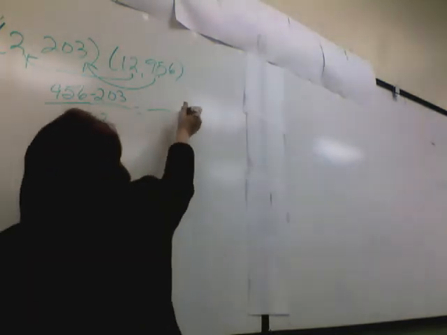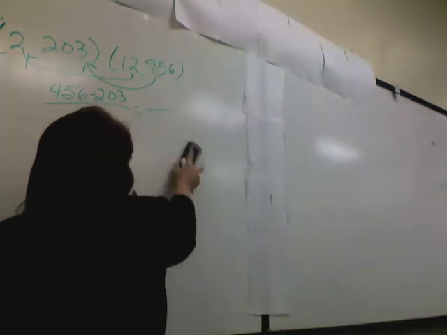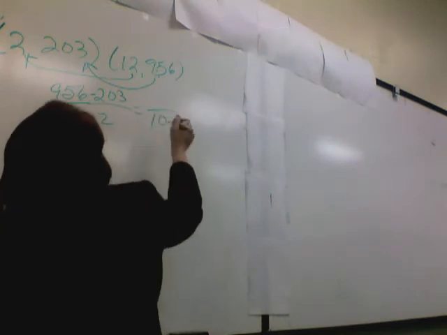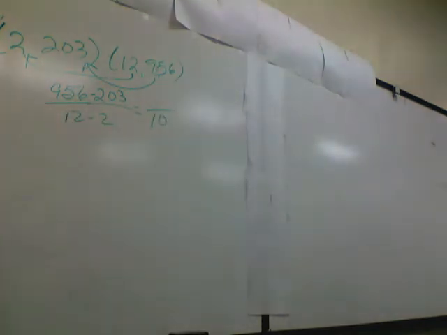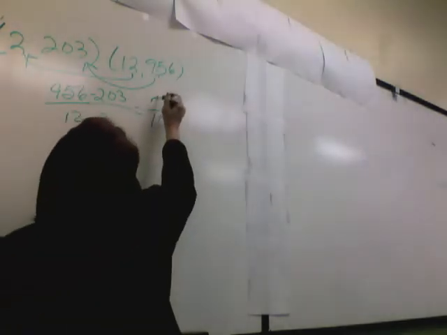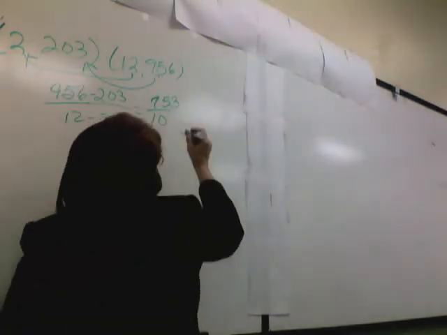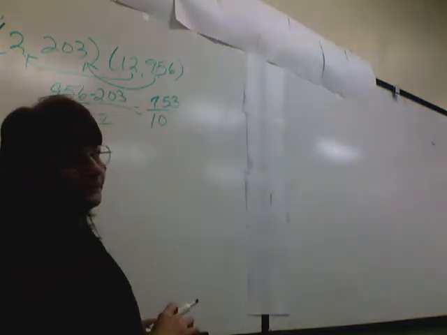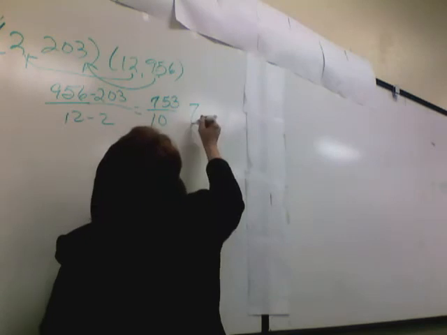So the bottom's easy, right? Got a 10 on bottom. What's a 956 minus 203? 753. 753? Yeah. So what is your slope? 75.3. Yeah, we'll do the decimal. 75.3.